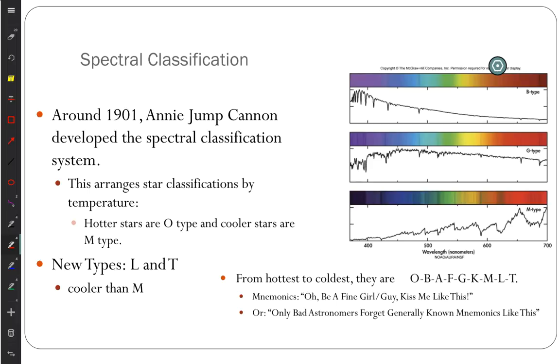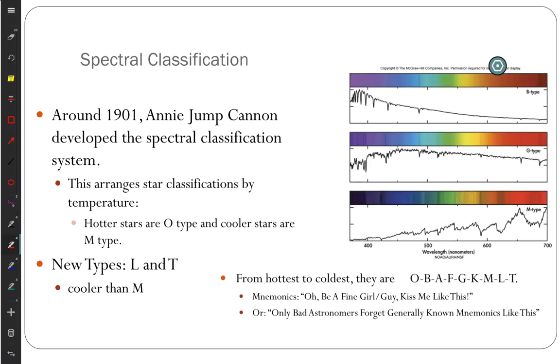And that makes it a G2. What does the 2 mean? Because you have a pretty big range of temperatures that are in G, they break it up and say, okay, a G0 is going to be the hottest of the Gs. Then G1's a little cooler, G2's a little cooler, down to G9. So we're on the hot edge of the Gs.